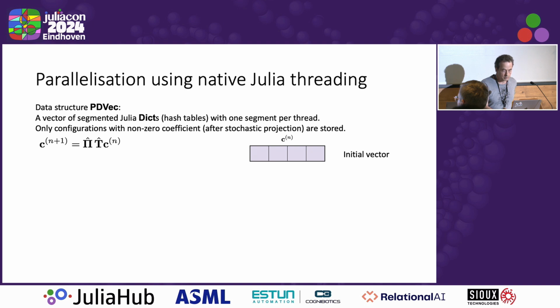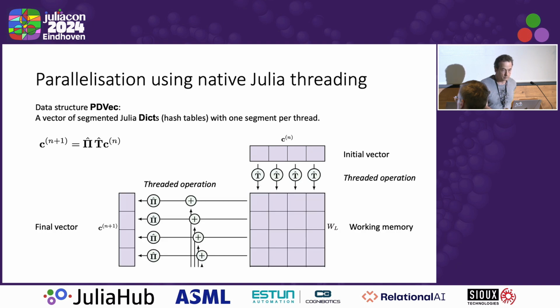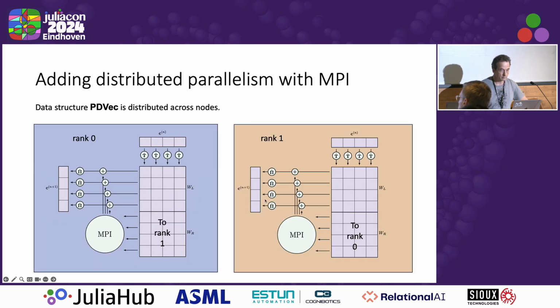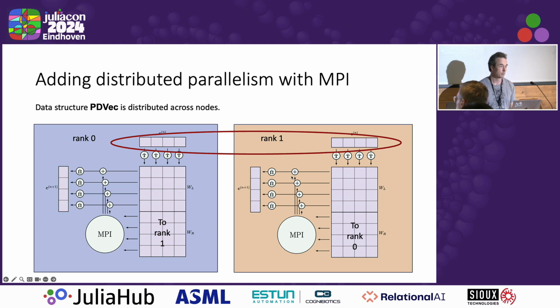I don't have much time, so I don't want to go into too much detail on how we parallelize this, but we've worked out a way to parallelize this with threaded operations to avoid memory races. It's fairly efficient. We parallelize with MPI on HPC. This also works quite well.